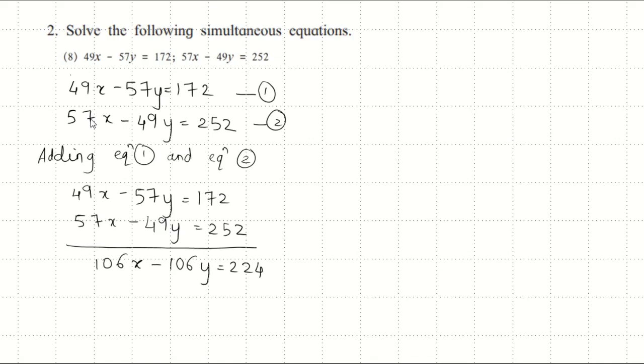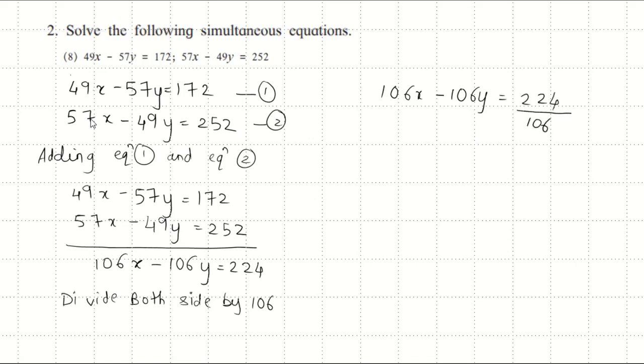As 106 is common, we will divide both sides by 106. This will get cancelled. Therefore, x minus y is equal to 424 divided by 106, which is 4. X minus y is 4. We will get a new equation. We will mark this as equation number 3.